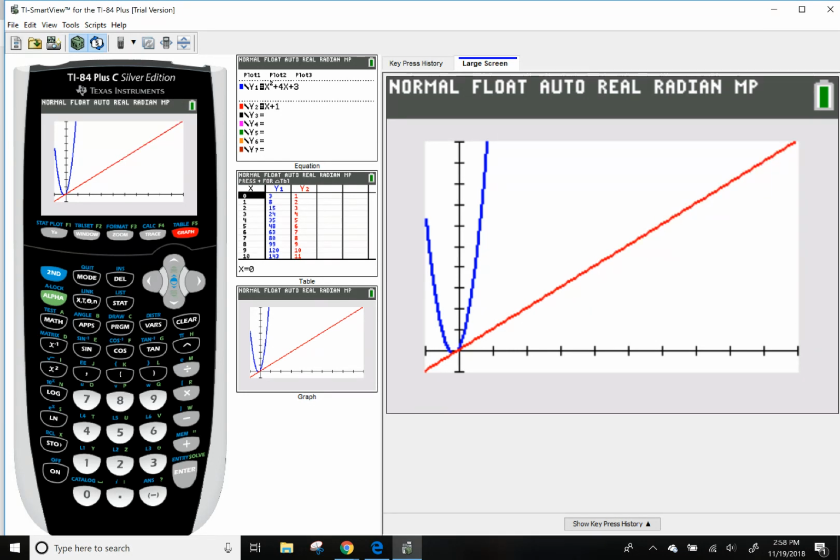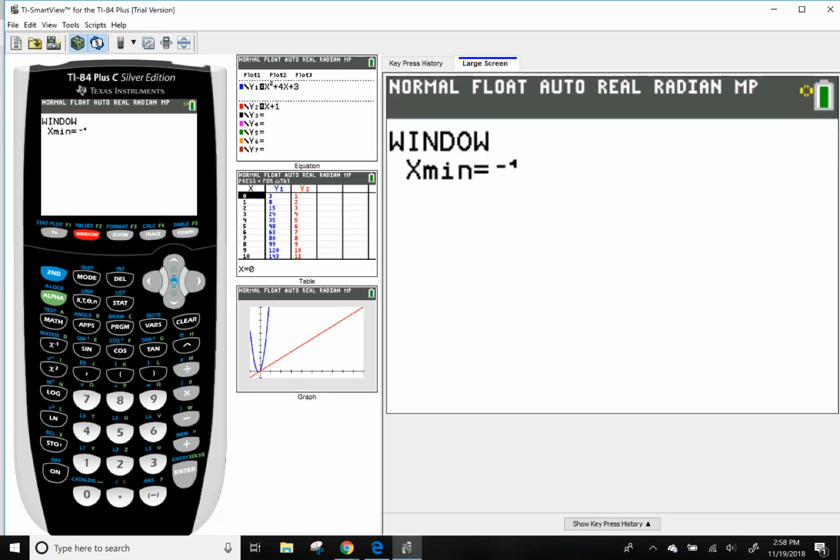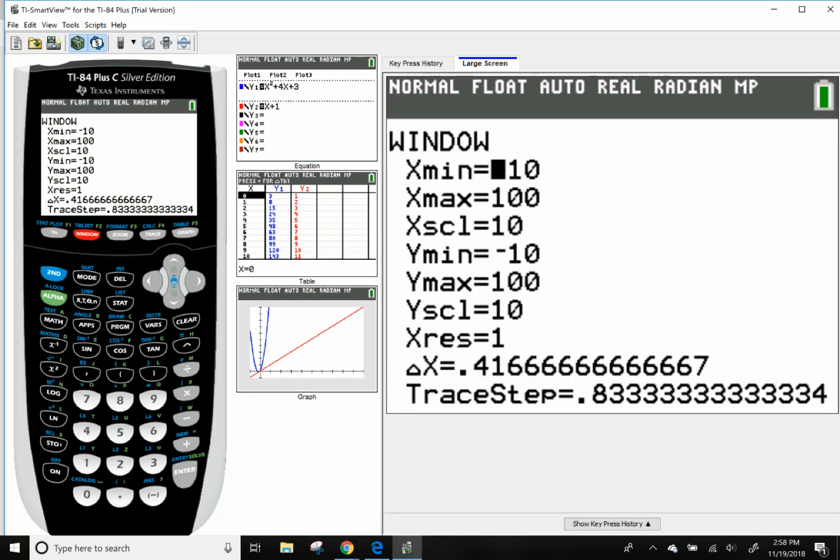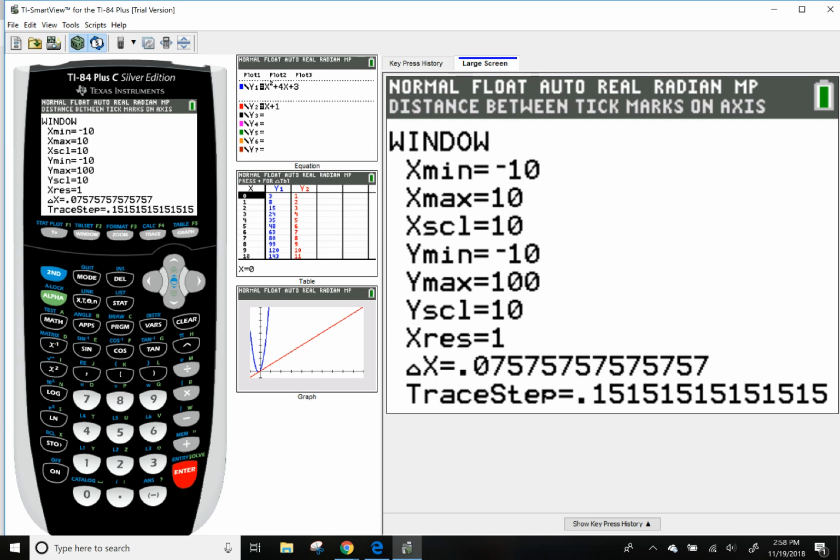If your window is a bit off, then just go to your window button, which is next to your y equals button, and reset it so that x min is -10, x max is +10, and x scale is 1. And same thing for your y min, y max, and your y scale.